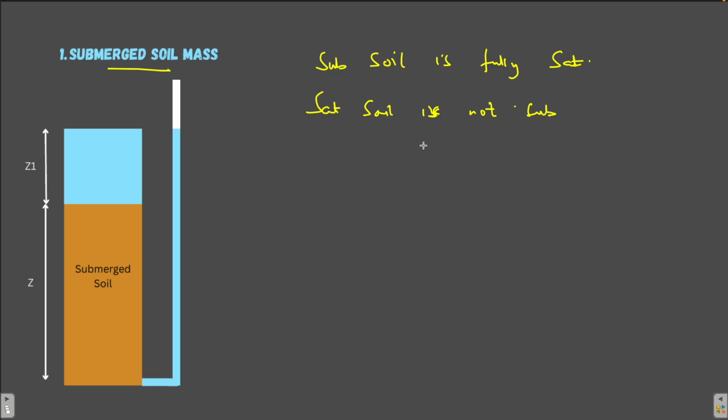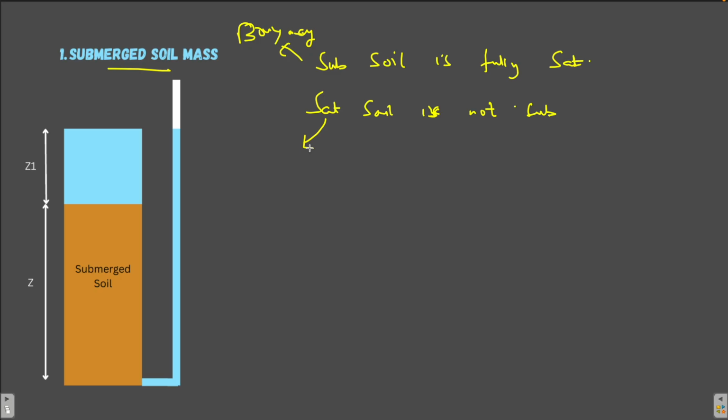Now let's understand the difference between the two. In the submerged soil, the force of buoyancy takes place, the buoyancy effect takes place, right? This is the submerged soil because it has a water level above it, and all the soil is dipped in water. So the soil grains are experiencing the force of buoyancy. But saturated soil, though fully saturated with all the void space filled with water, is not in a submerged situation.